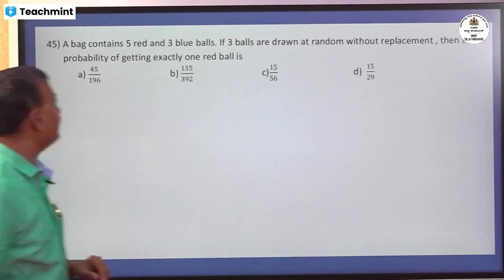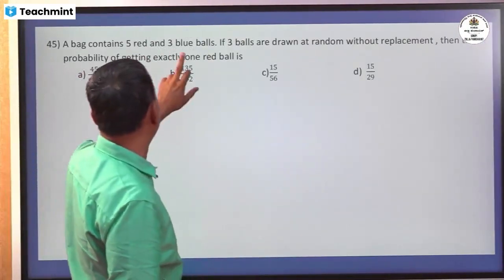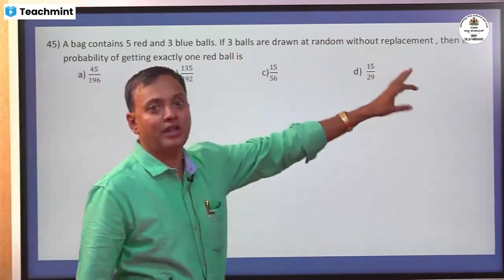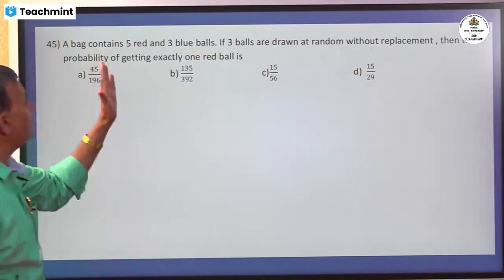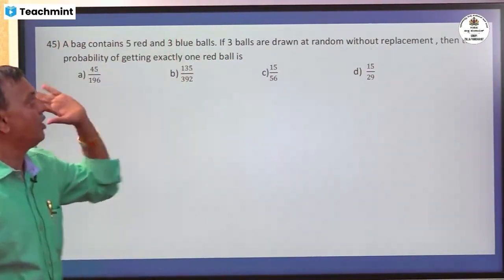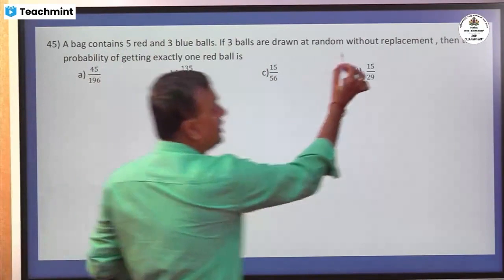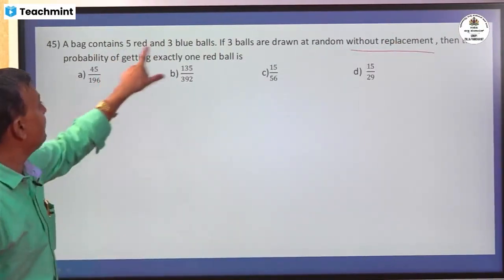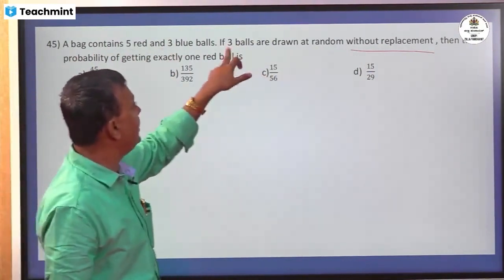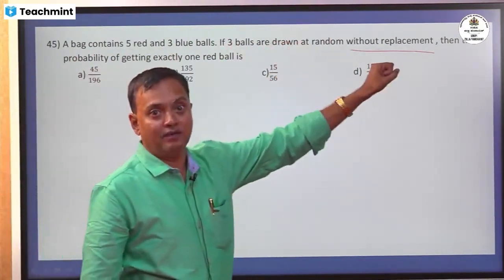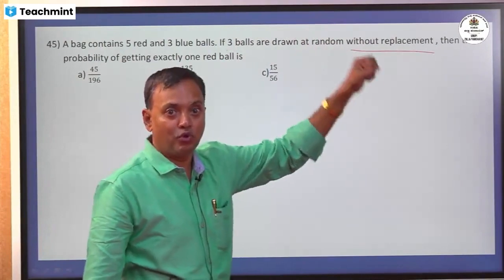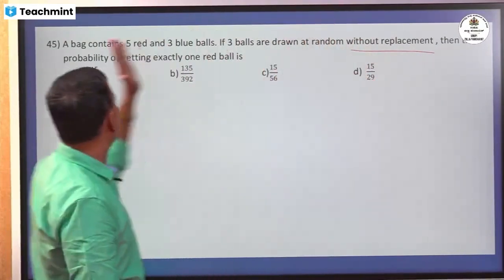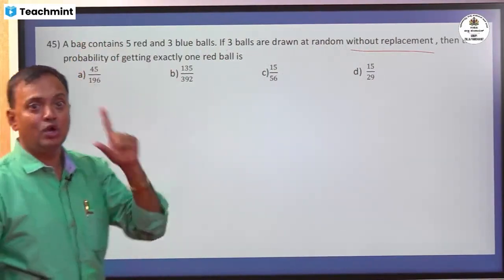Next question. A bag contains 5 red and 3 blue balls. If 3 balls are drawn at random without replacement, then what is the probability of getting exactly 1 red ball? So here, without replacement is important. How many balls are drawn? 3 balls are drawn at random, without replacement. We want the probability of getting exactly 1 red ball.